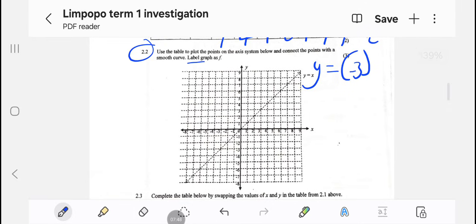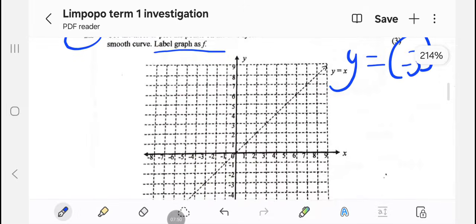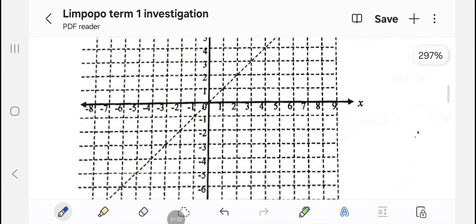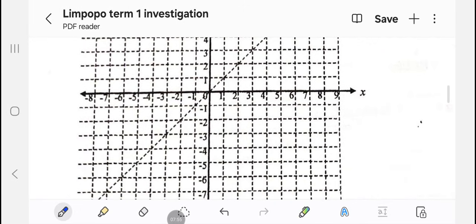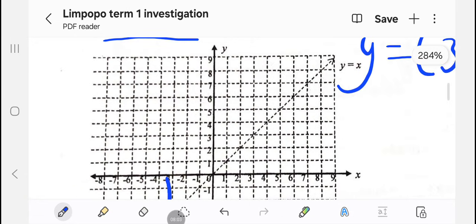2.2, we are plotting and labeling the graph as f. Let's try and plot. Minus 3 on x meets with positive 9. They meet there. And then minus 2 meets with 4. Then 0 and 0 right there.